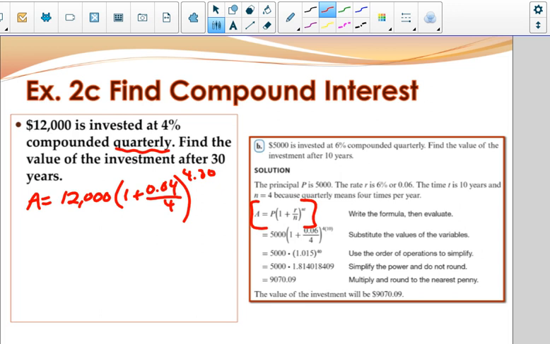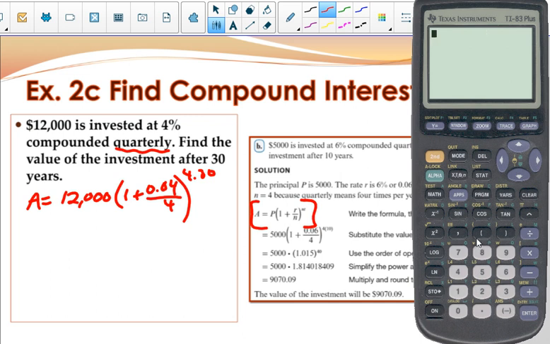So when I do this, let's get our calculator back out again. We have the 12,000. We're going to multiply this by parentheses 1 plus 0.04 divided by 4 in parentheses, and then we're going to raise that to the 120th power.